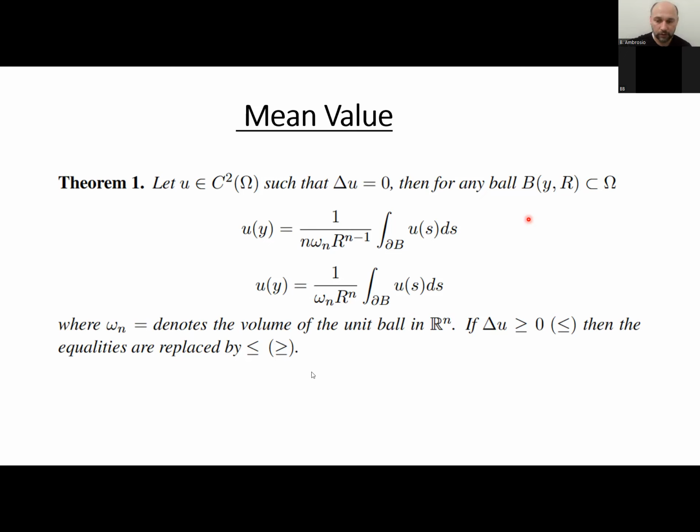Then the supremum of U can be bounded by C times the infimum of U. So this gives you a control of the amplitude of U. All right, so let's prove the Harnack inequality.